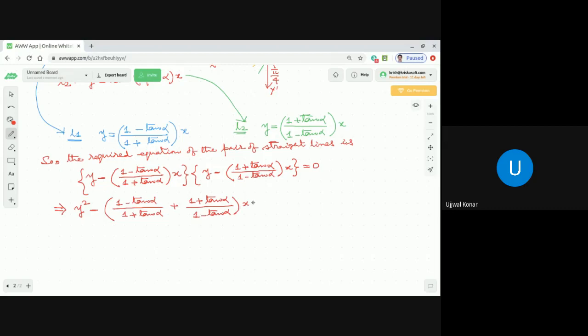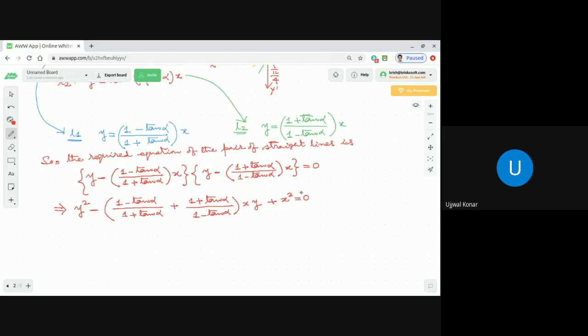Correct, dear students? And then we get 1 minus tan alpha by 1 plus tan alpha into 1 plus tan alpha by 1 minus tan alpha into x square. So that will get cancelled, and ultimately we get plus x square is equal to 0.